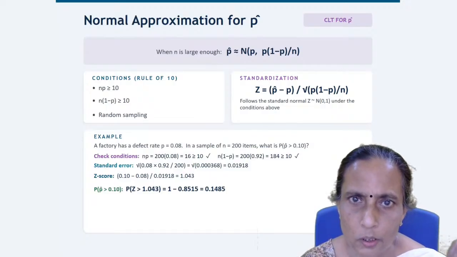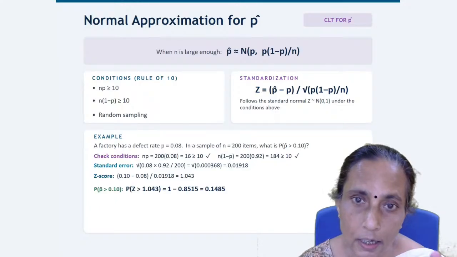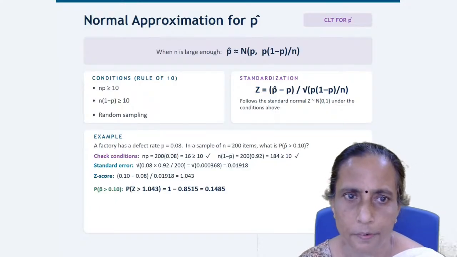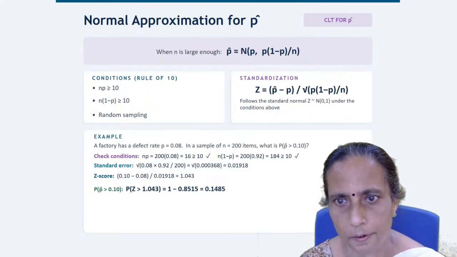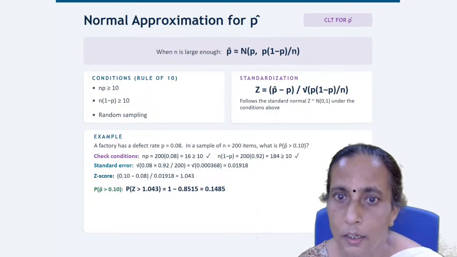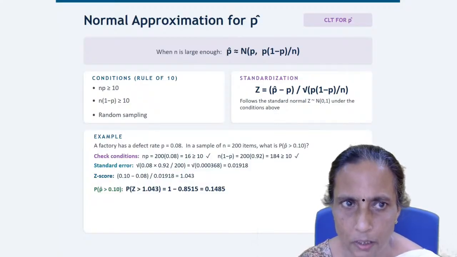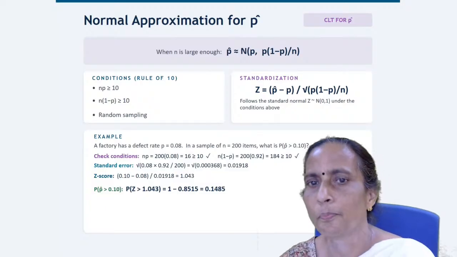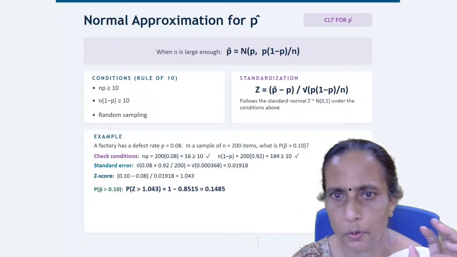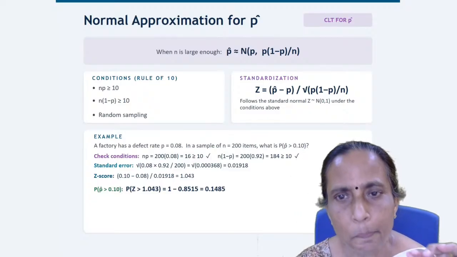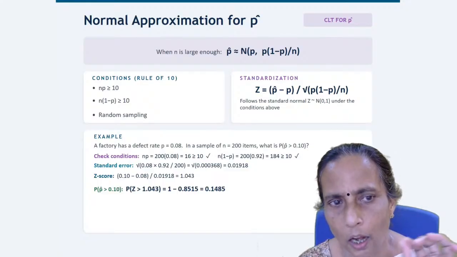So, the normal approximation for your P cap holds when n is large enough. When your sample size is very large, when n tends to infinity, your P cap, the estimate of P, follows a normal distribution with mean P and variance P into 1 minus P by n.